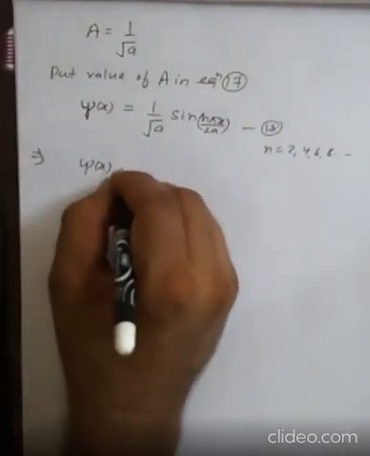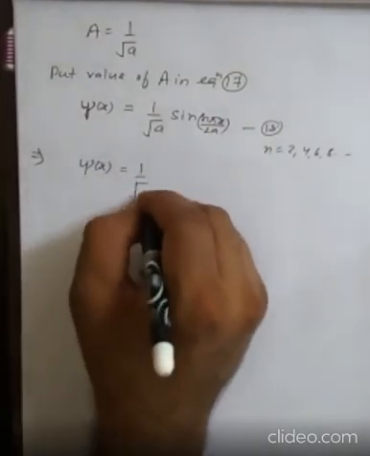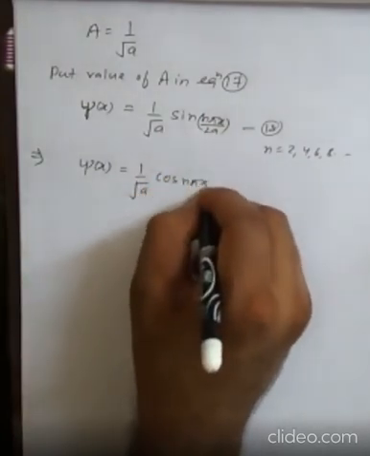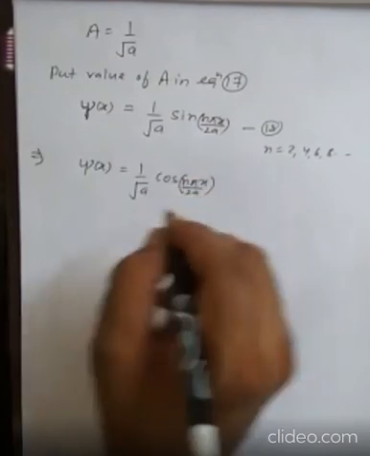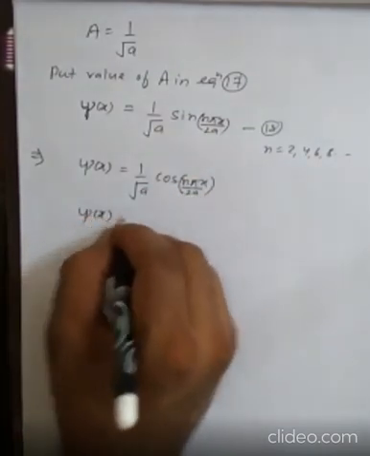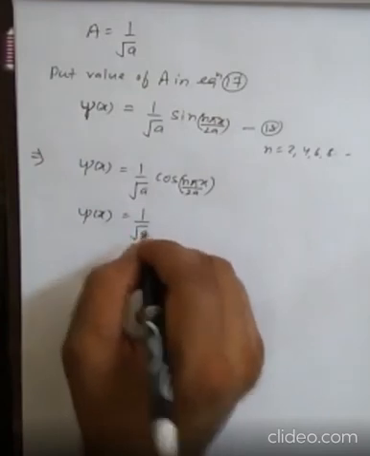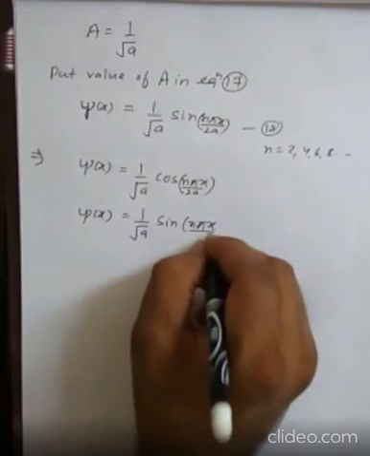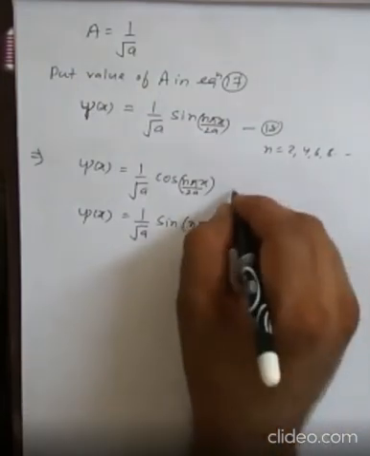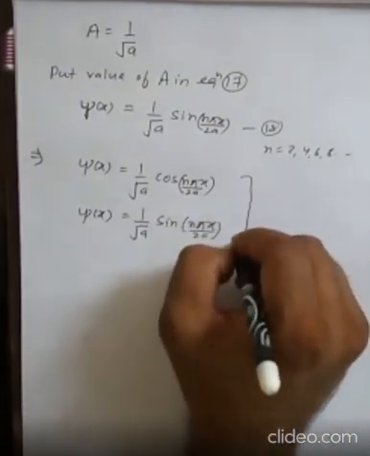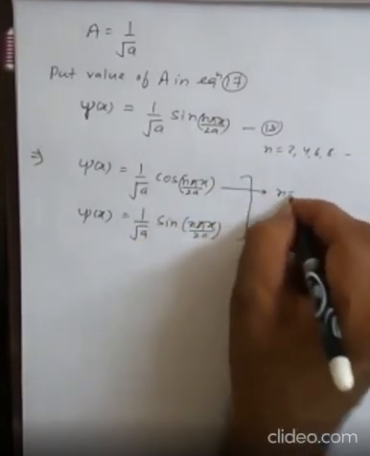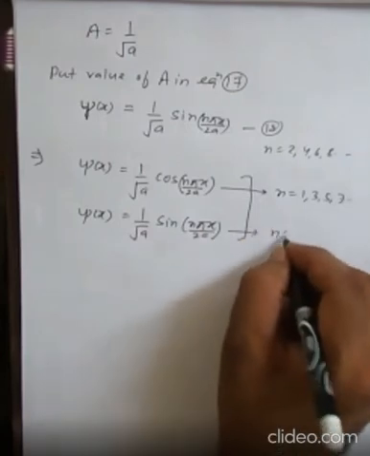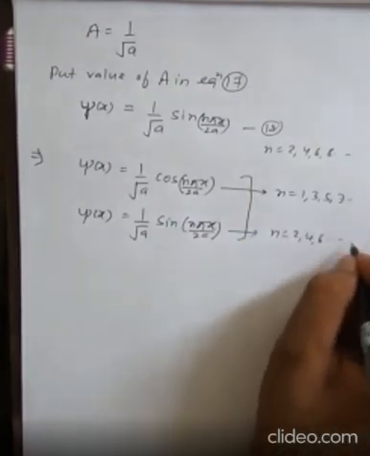One is psi x equals 1 over root a cos, for which n is 1, 3, 5, 7, and the second one is the sin solution, for which n equal 2, 4, 6.